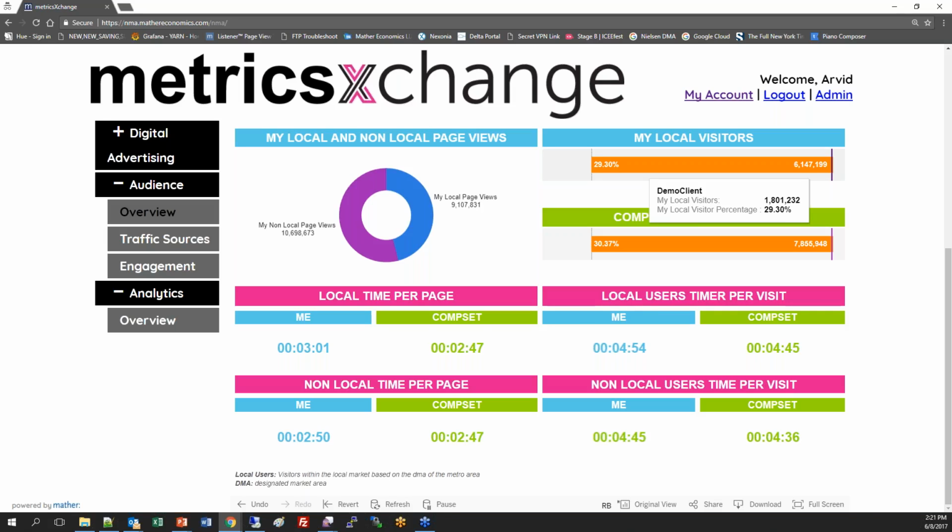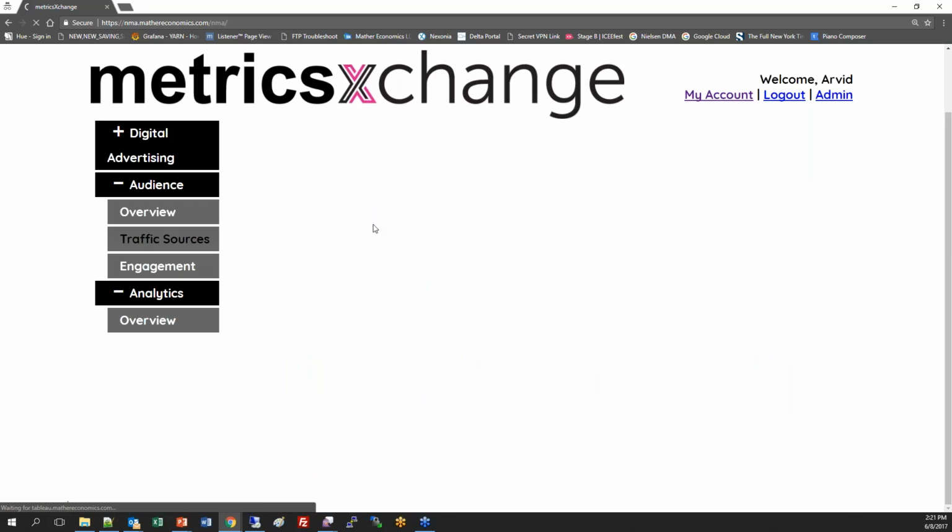We use the same kind of technology that Omniture and Google use in terms of figuring out where a person's coming from and what device they're on. The one thing perhaps interesting here is me versus my comp set. I'm doing a little bit better in terms of time per visit. Not dramatically better, but a few seconds better in terms of the visit time. So that's the engagement metrics.